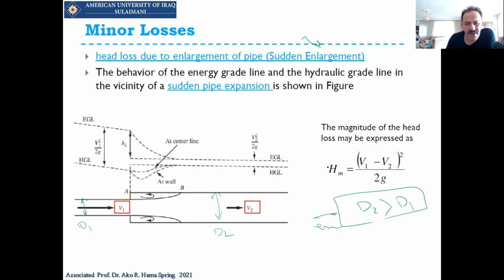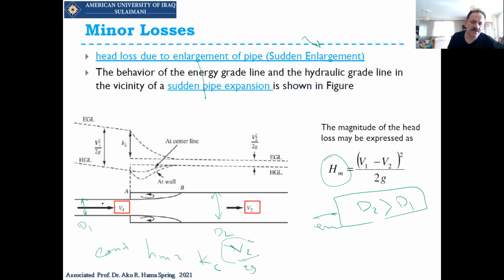But the main difference between contraction and enlargement is that in contraction, the minor head loss is a function of V2 squared over 2g times K contraction. This is because of the downstream velocity. While for enlargement, the minor head loss will be a function of V1 minus V2.